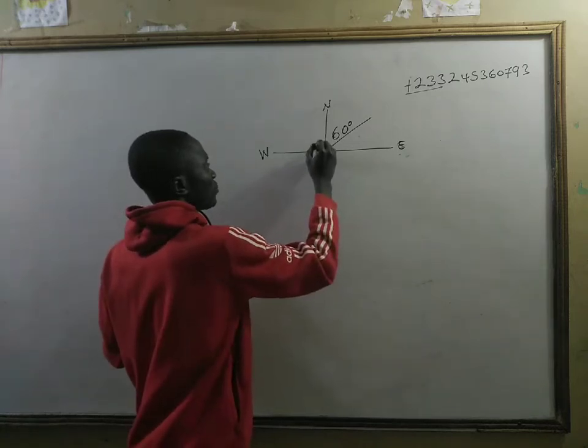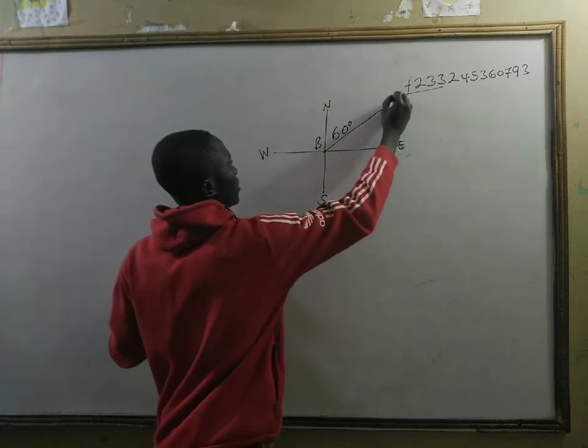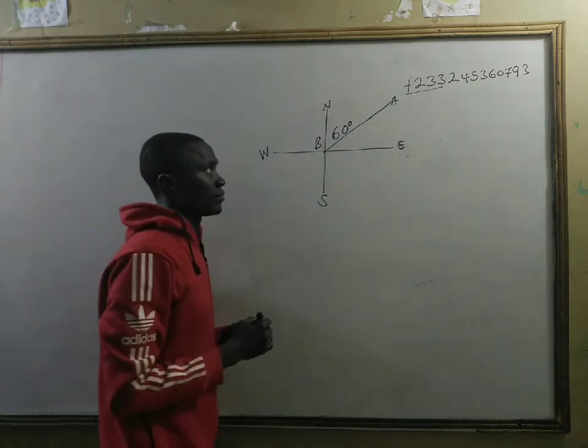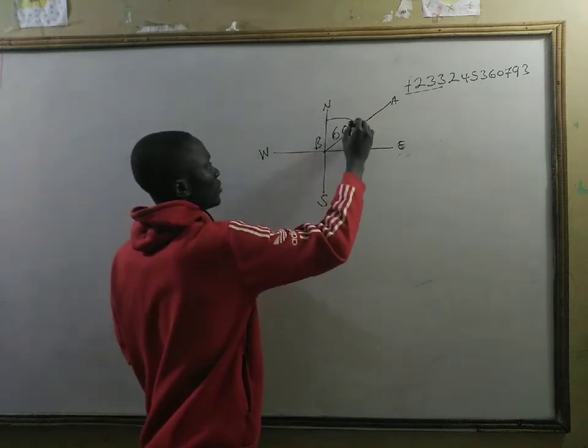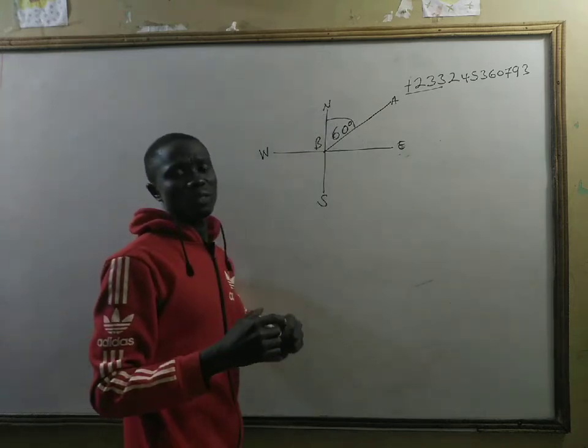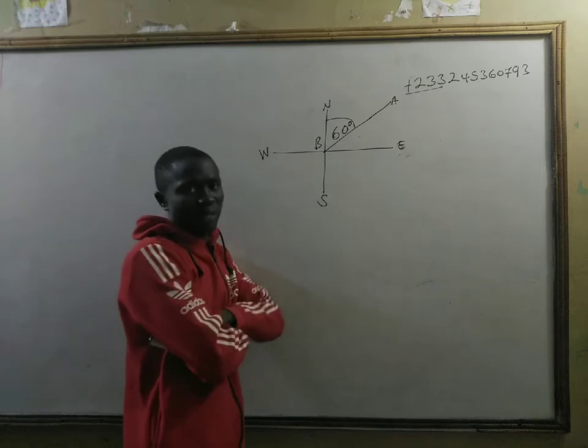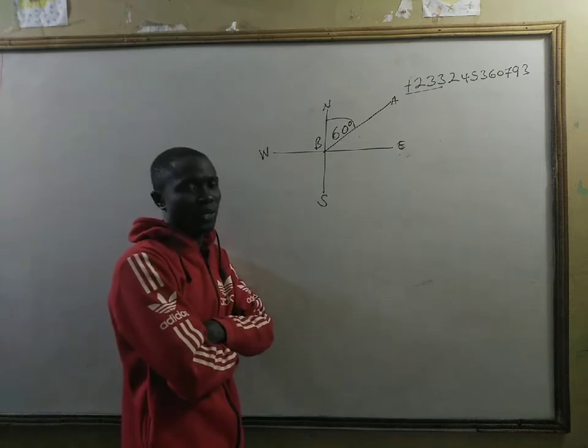Let's assume that this is point B, this is point A. So how do we describe this angle in terms of the three-figure bearing and in terms of the compass bearing?